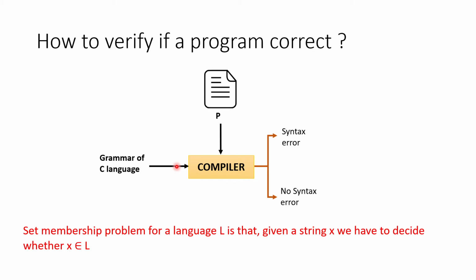In this approach, storing the grammar of the C language in a computer is possible, because everything is finite. So the idea is that somehow you have to find out whether this particular program is following the grammar of the C language or not.